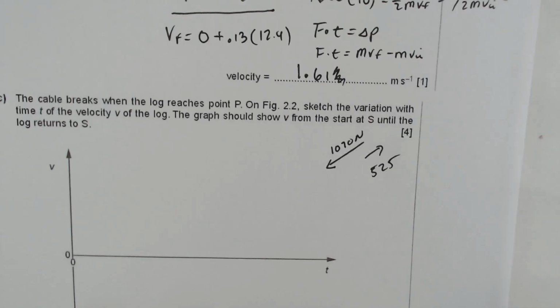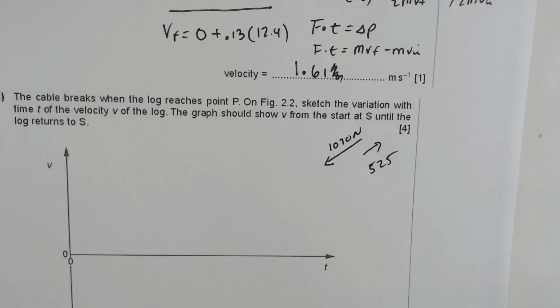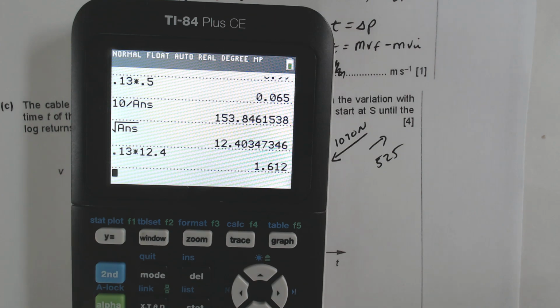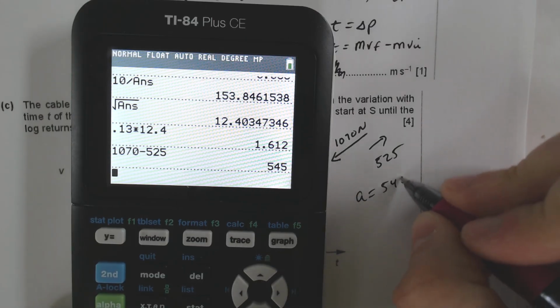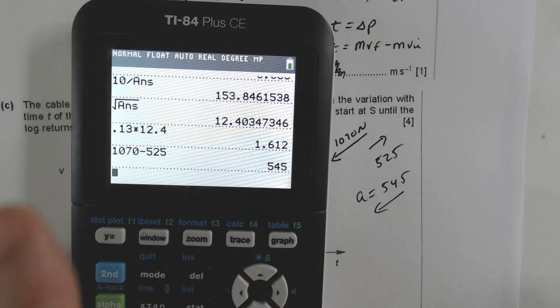When we subtract those two, 1070 minus 525, this is going to have an acceleration of 545 down the slope.